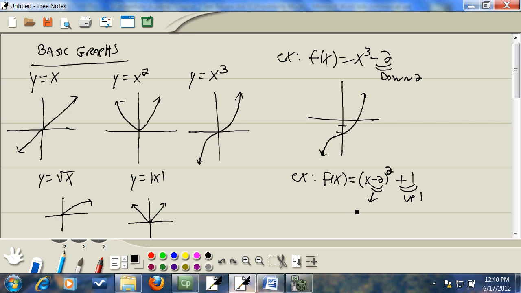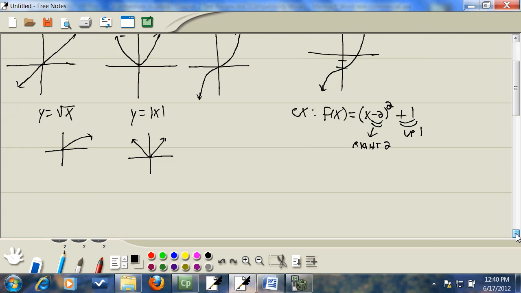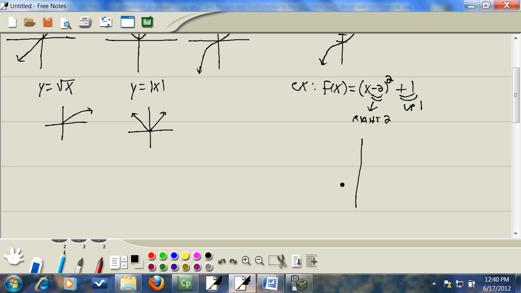The negative 2 would make you think it goes left 2, so it's really going to go right 2. So up 1 and right 2. So right 2, up 1, be right here. And it's the x squared graph, so it's going to look like the U shape.